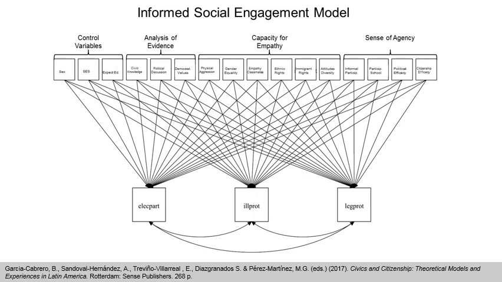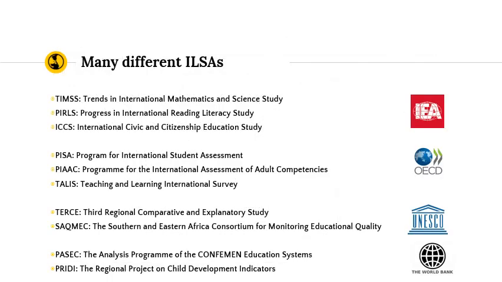All these things we are taking from a theory, but because we have data, we can operationalize it, and we can measure an empirical model based on a theoretical model, and we can see whether this model fits reality, empirical data, or not, or whether it does in some countries and not in others. This is also a way to evaluate different theories, because you can operationalize different theories and see which model fits the data better.